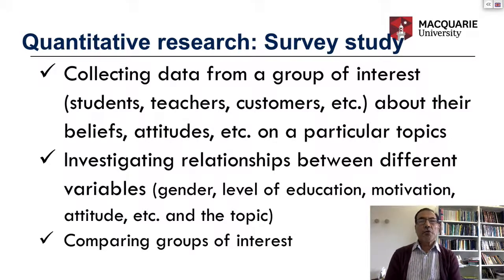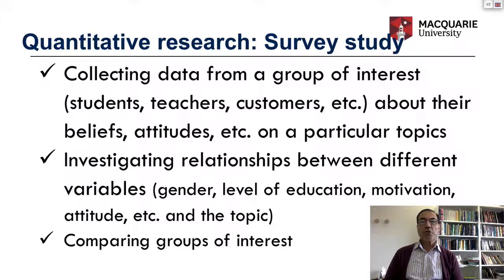Basically, in questionnaire survey, researchers would like to collect data from a group of interest, and this group of interest could be students, teachers, even researchers, customers, or any other group of interest. And usually, researchers would like to collect data about this group's beliefs, attitudes, actions, preferences on a particular topic.